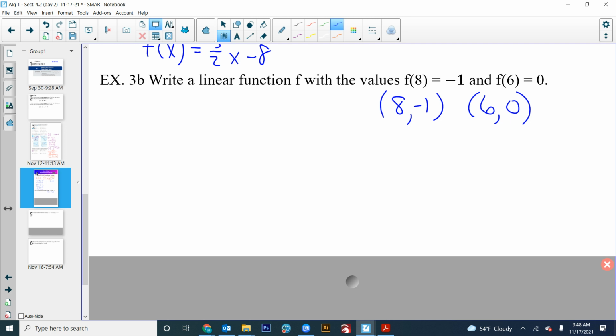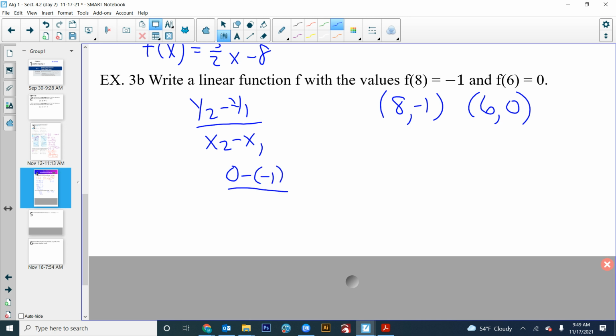Jill, help me get the slope. Plug it in. Go. y2 minus y1 over x2 minus x1. What are your y's over there? 0 minus negative 1.